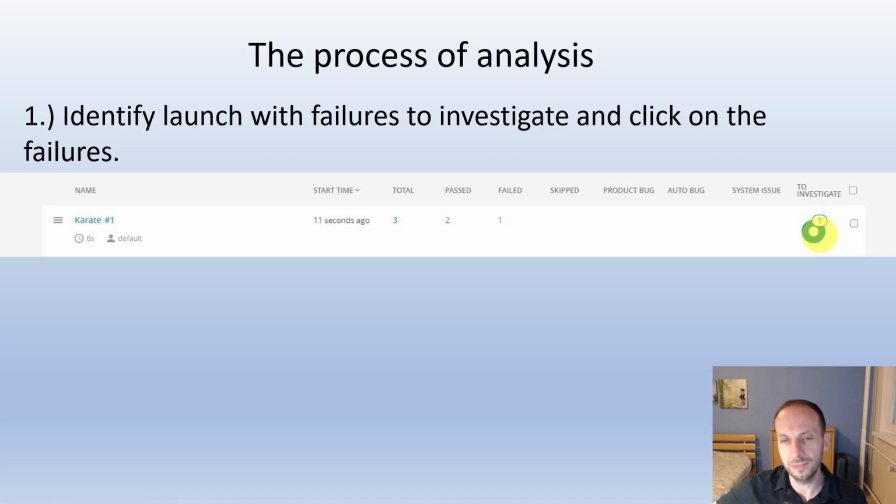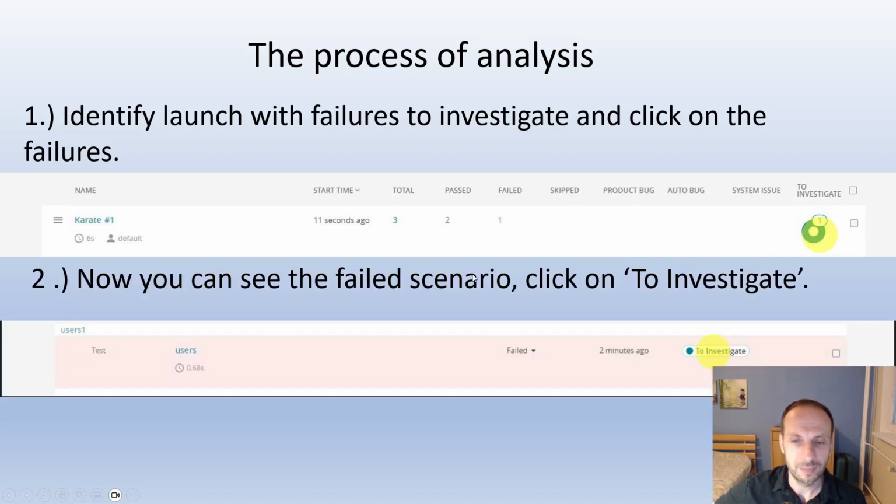Once we identify such a launch with a failure in To Investigate status, we click on this circle and we are transferred to the next page in the Report Portal application, where we can see the feature name, and we can see the time, how long it was running, and basically we see it's in To Investigate status.